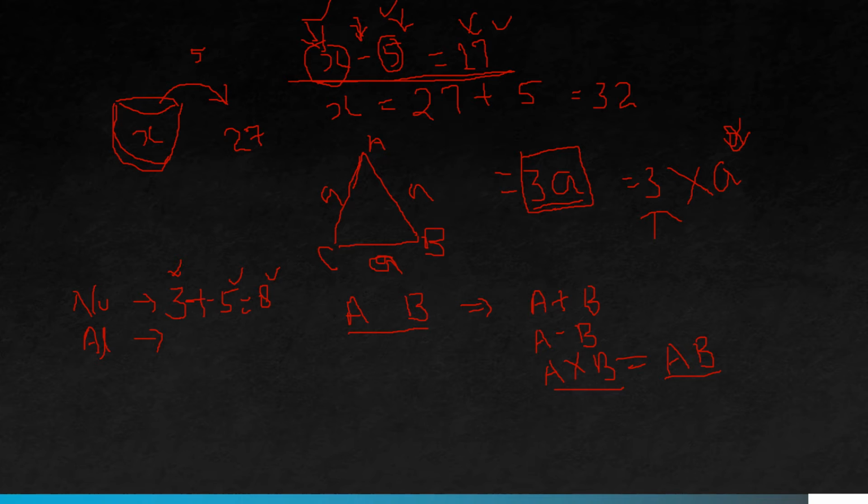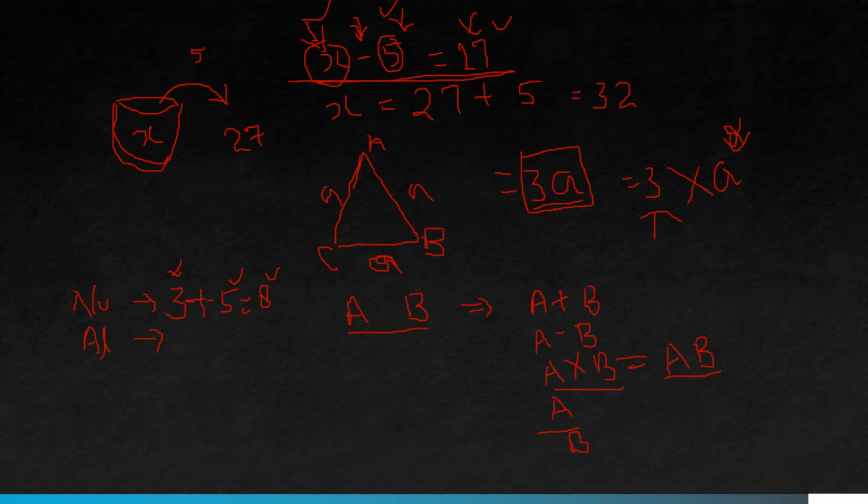There is no symbol between a and b, hence the default symbol will be multiply. Similarly, we can write division as a divided by b. This is how you can write all the mathematical operations on the variables, right?